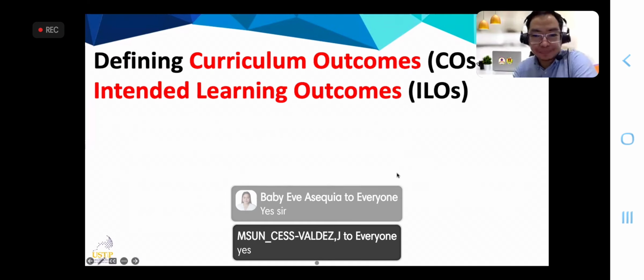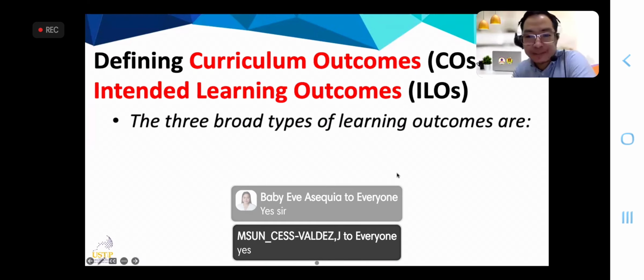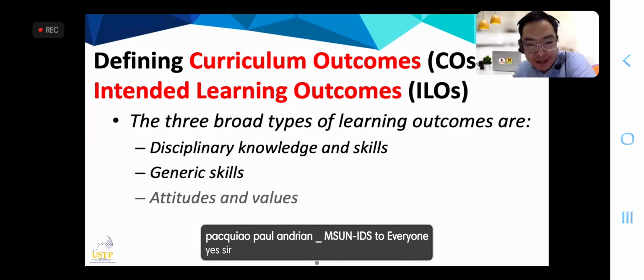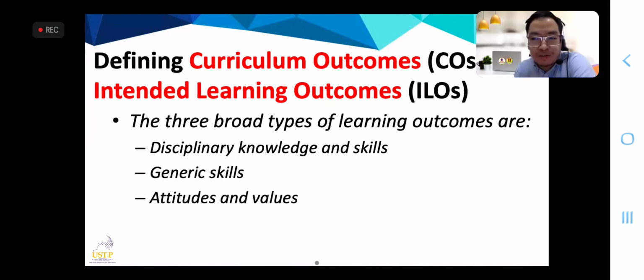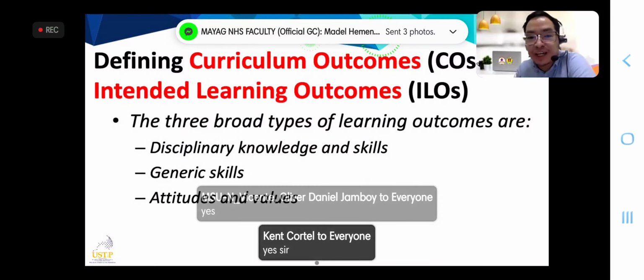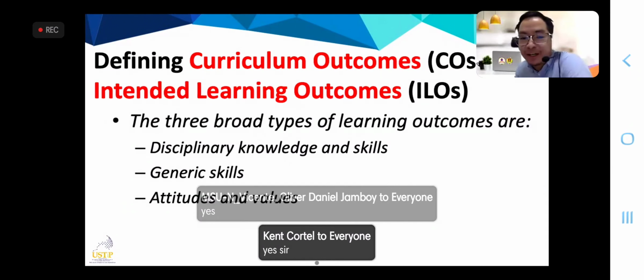Okay. There are three broad types of learning outcomes. There are disciplinary knowledge and skills, there are generic skills, and there are attitudes and values. But generally, for universities like MSU Naawan, we are more interested in disciplinary knowledge and skills. What do you mean by disciplinary knowledge and skills?